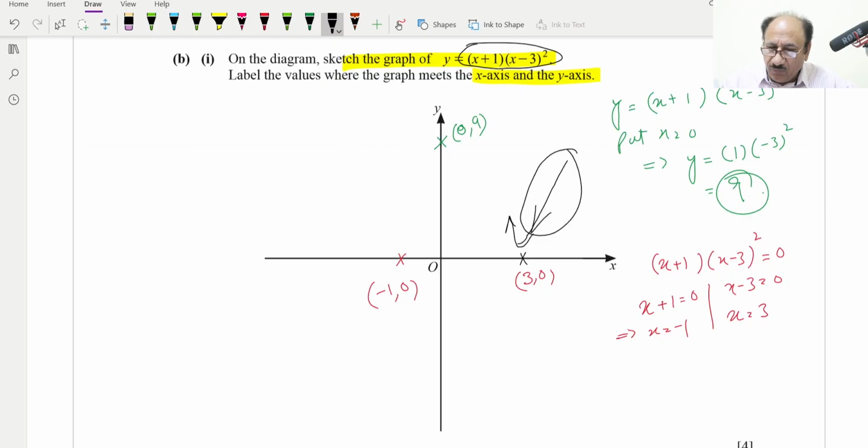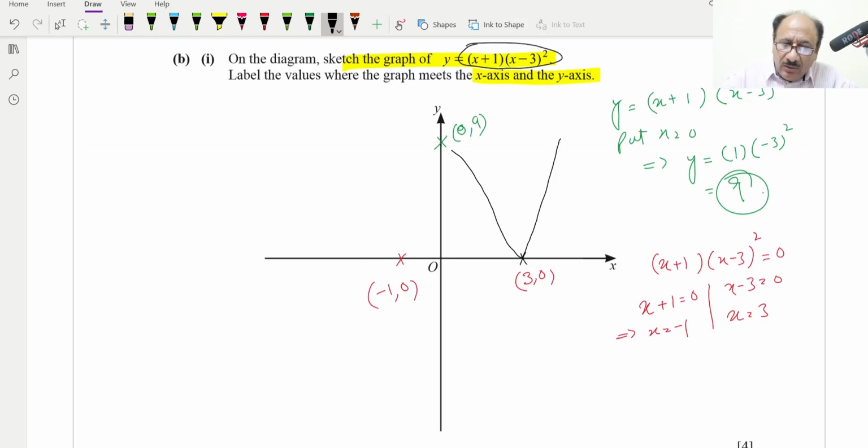Now we can check for x is equal to 0, that will be 9, and from here you can check the other values also, like a little lesser value and more value from both sides, and you will figure out that this curve will be bending from here and moving and bending like this one.